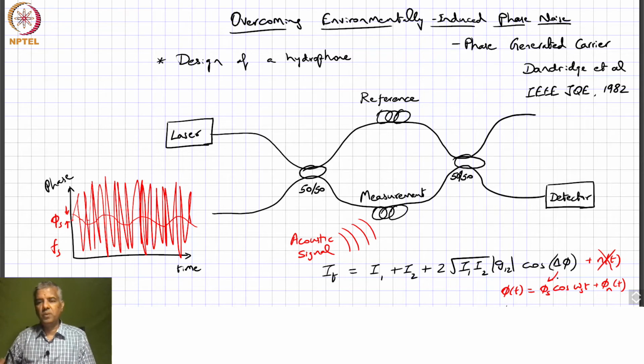So, we need to suppress the phase noise and be able to pick up this signal from that, okay. So, how do we go about doing that? Now, once again, we need to use lock-in techniques. One of the common reasons why we need to use lock-in techniques is this signal is in the order of 100 hertz, okay.